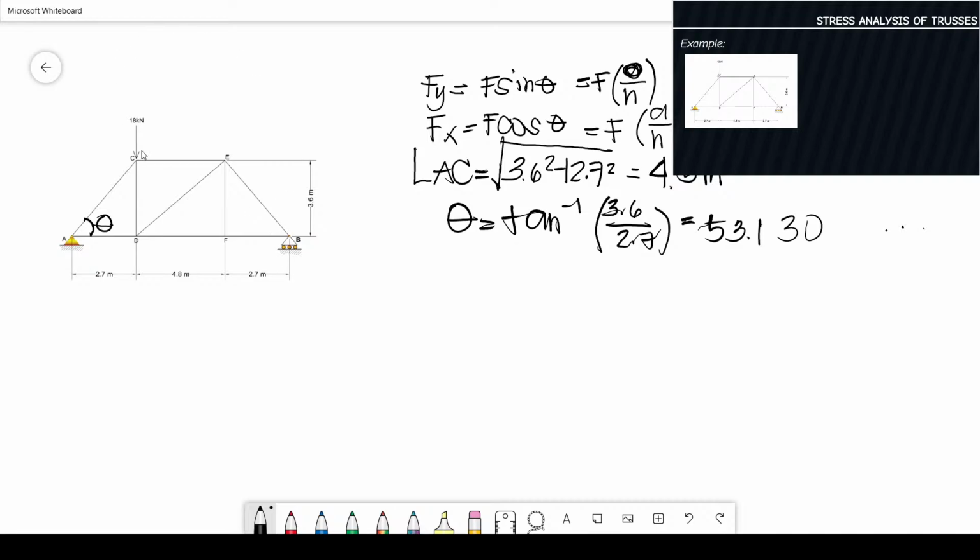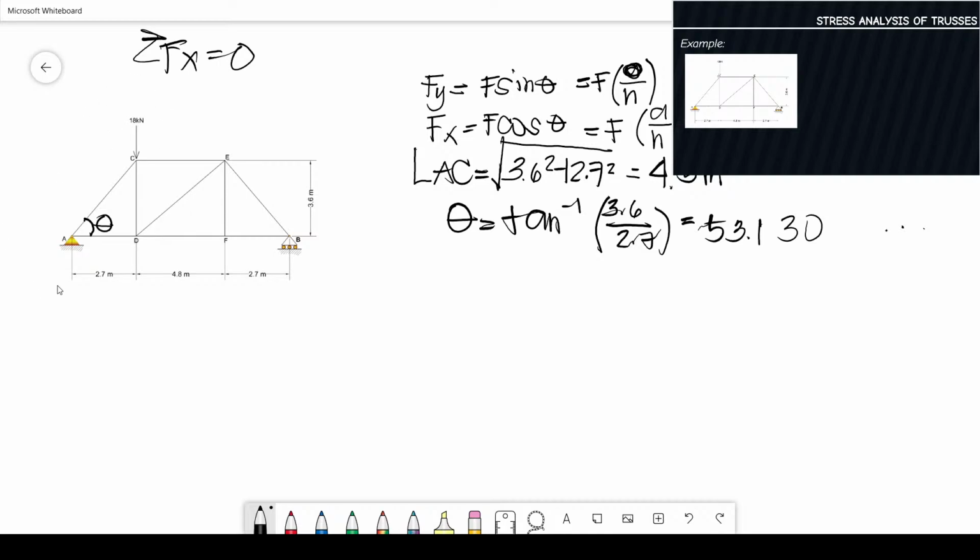However, looking at the external forces, the only force applied in this truss is a vertical force. So our reactions are most likely vertical forces only. In the summation of Fx, we have no horizontal force on the general picture of the truss, so the summation of Fx is equal to 0, because we only have vertical force.